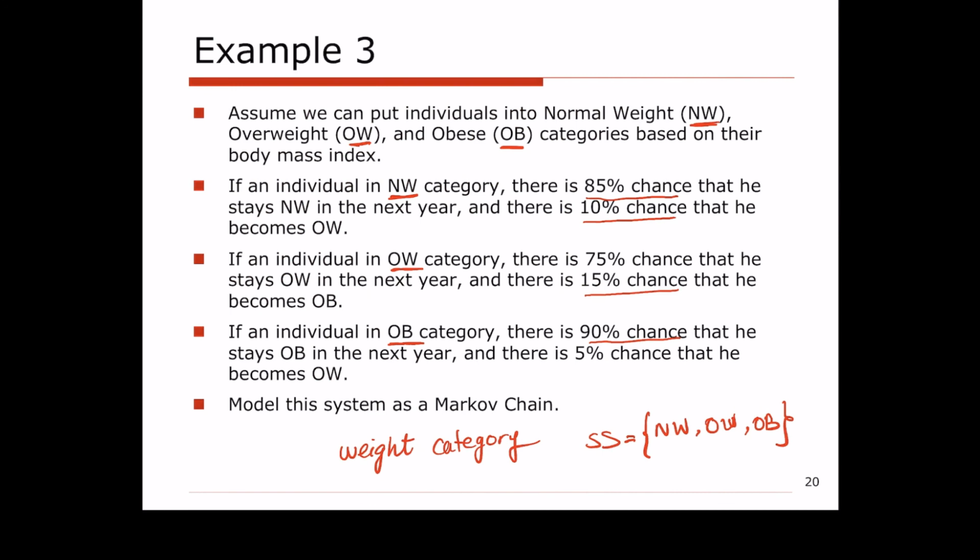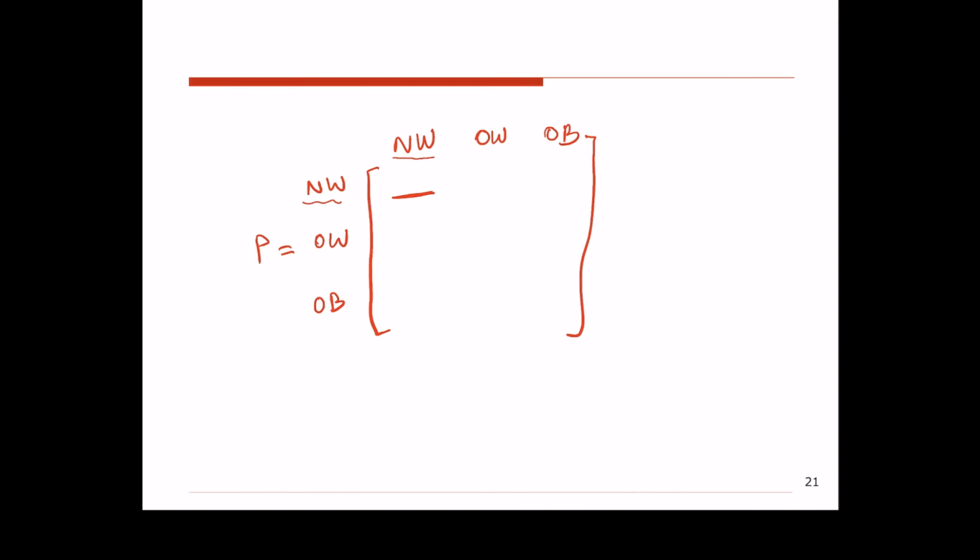As we see from the problem statement, if we are at normal weight category, there's 85% chance that we stay as normal weight, and there's 10% chance that we go to overweight.